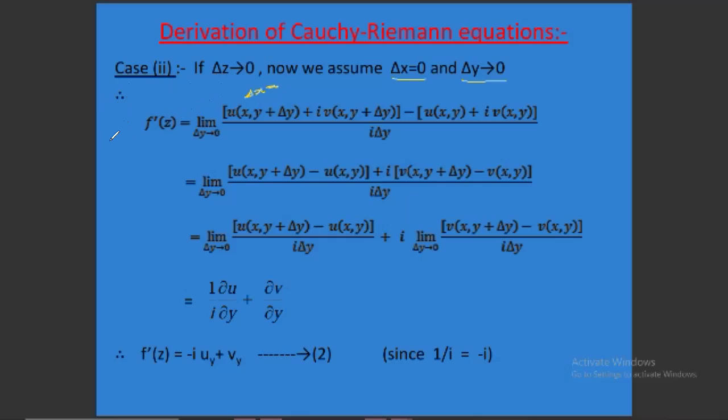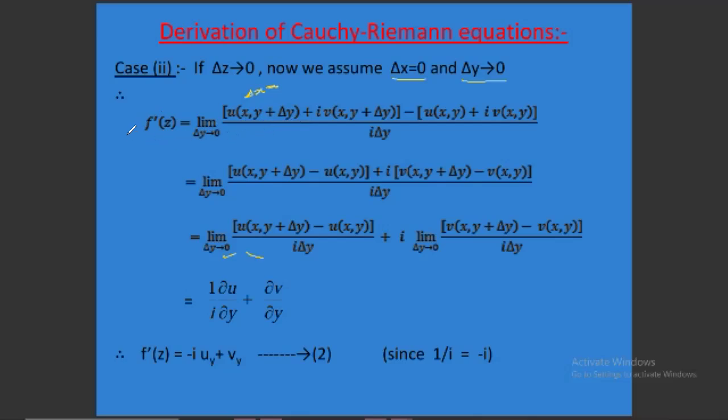And limit delta y tends to 0, [u(x, y + delta y) − u(x, y)] divided by i delta y, plus i times limit delta y tends to 0, [v(x, y + delta y) − v(x, y)] divided by i delta y.